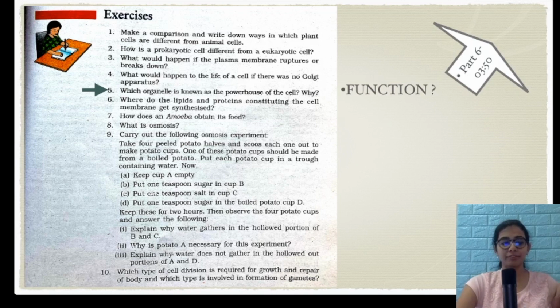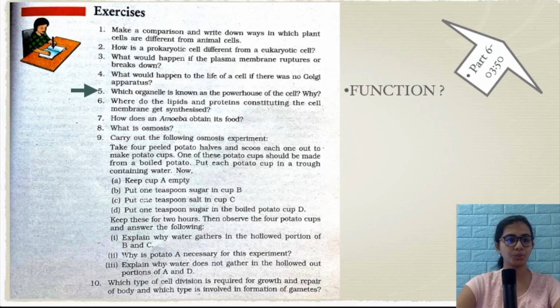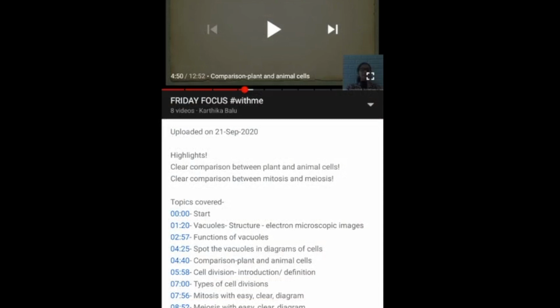I forgot to mention one thing. I'll just show you a screenshot of this video, in which I am explaining the clear comparison between a plant cell and an animal cell. If you need the comparison of plant and animal cells, in the description box below you can see I have given the time intervals at which each topic is discussed.